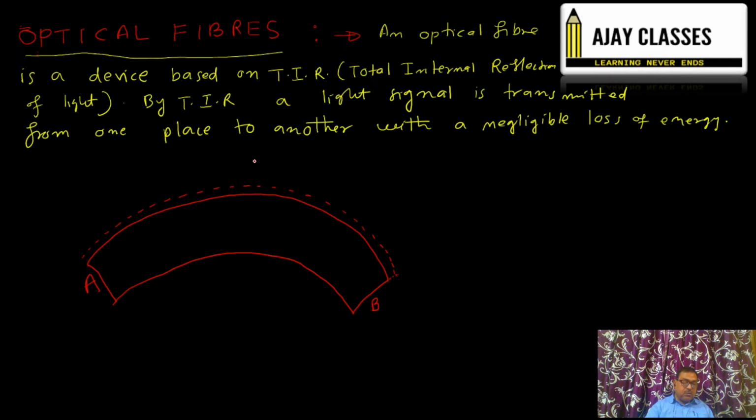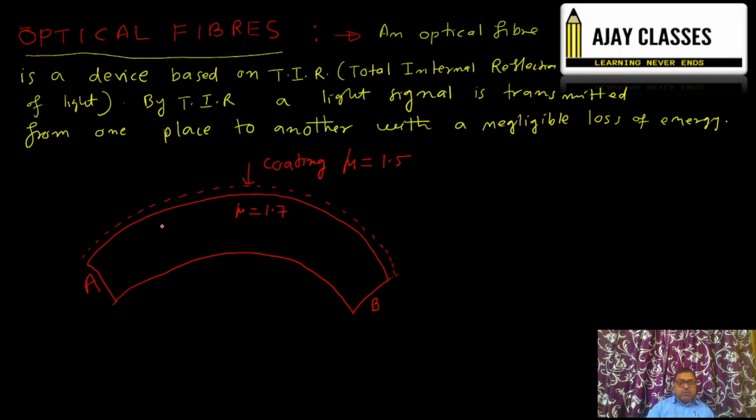First of all, this coating has refractive index equal to 1.5, and inside the optical fiber, the refractive index is 1.7.